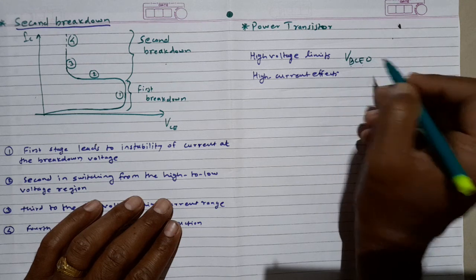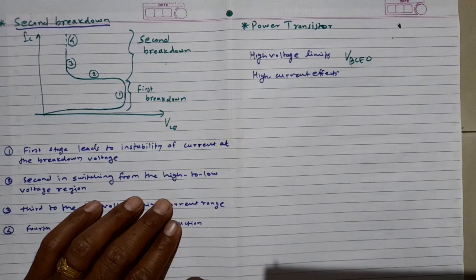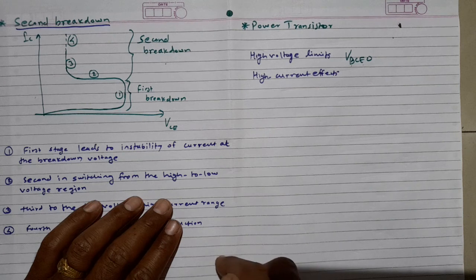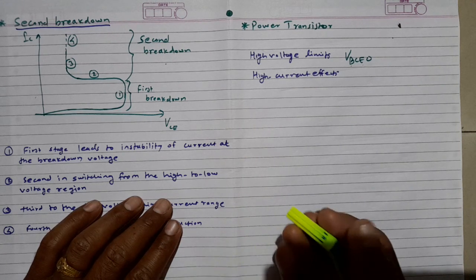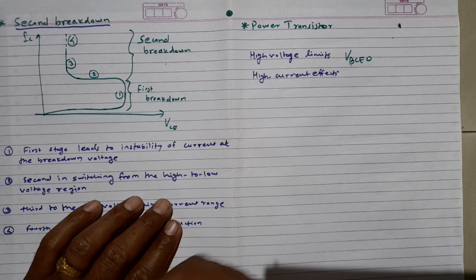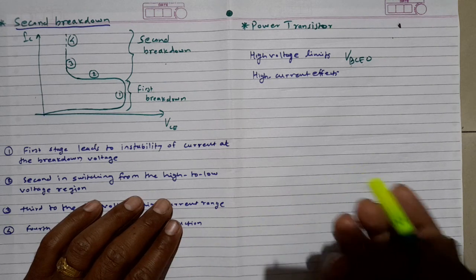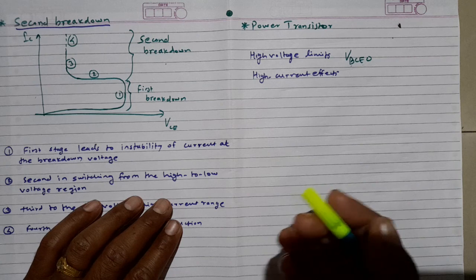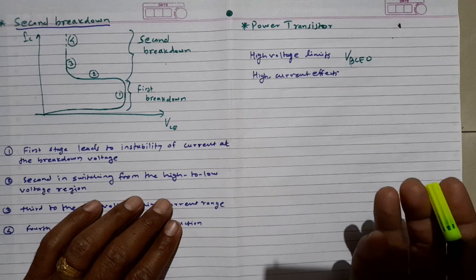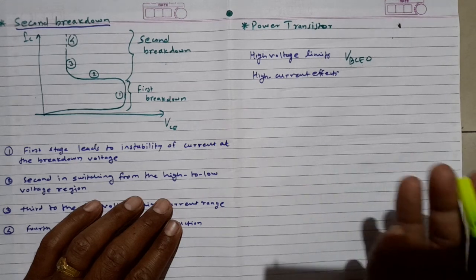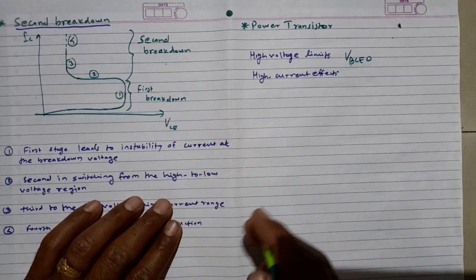As already discussed before, the breakdown voltage is higher if the current gain is lowered. So it is always advantageous to degrade the current gain in order to extend the voltage range.